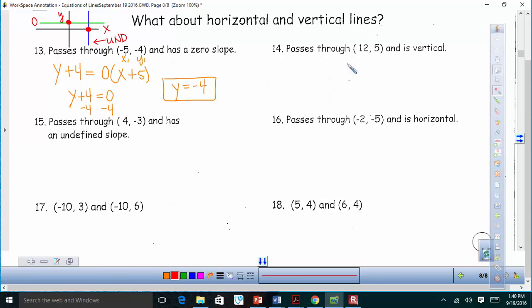X. Okay? So anytime you see vertical, it's going to be x equals something. Now, in this first one, do you think it's a coincidence that we got y equals negative 4 and y was negative 4 in the beginning? No, it is not a coincidence. So, what do you think x is going to equal if our point's supposed to pass through 12, 5? Very good, 12. So it would be x equals 12.